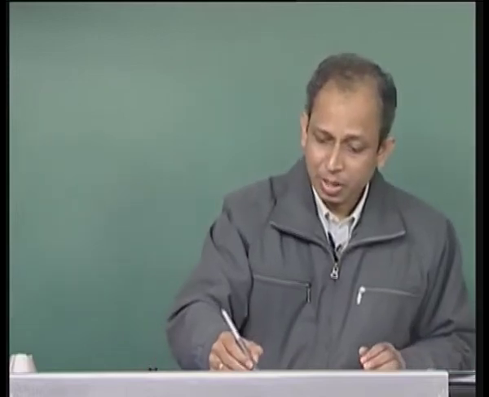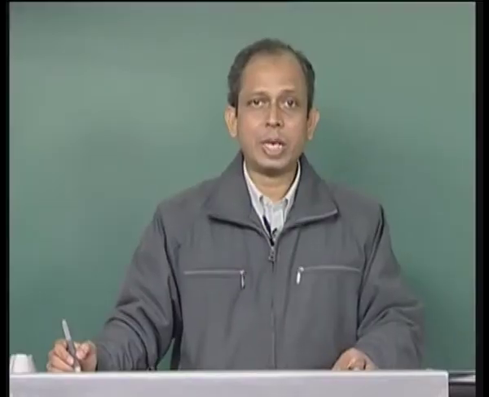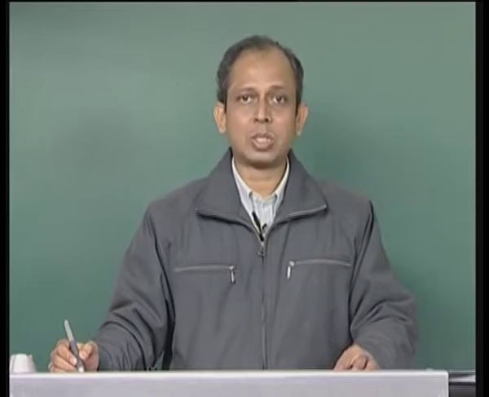So, we will see that for clockwise rotation, we can just change the connection. Earlier what we said, that output of PT1 should be fed to transistor 1. Similarly, output of PT2 will be fed to transistor 2 and output of PT3 will be fed to transistor 3.